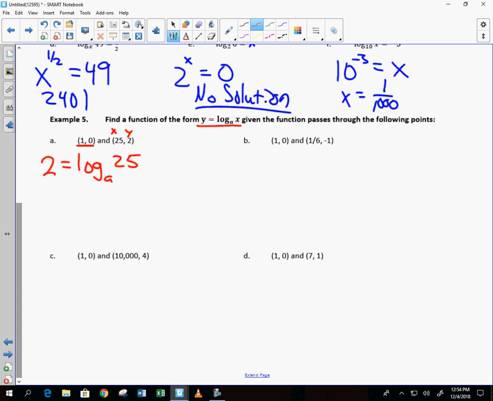What does that mean? That means what number do you square to get 25? So a is 5. Am I done? No. You have to write it as a base of 5. Y equals log base 5 of x.